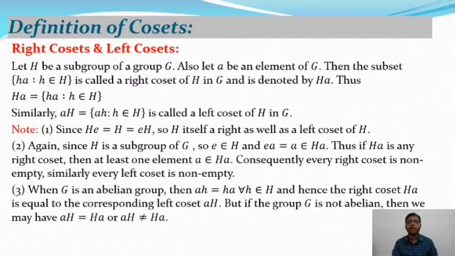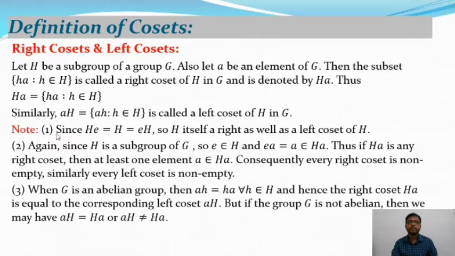So there are two types of coset, left coset as well as right coset. The left coset is denoted by aH and the right coset is denoted by Ha, where H is a subset of G and a is an element of G. And there are some notes on right coset as well as left coset.